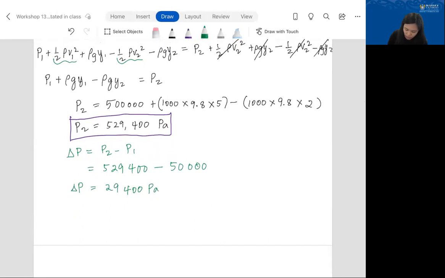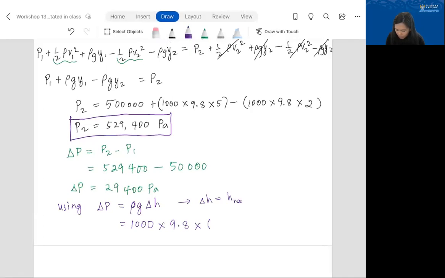Now, if you used the definition for gauge pressure, rho times G times the change in height, delta H. Okay. So the density, it's water that's flowing, 1,000 kilograms per cubic meter, times the gravitational acceleration, 9.8, times the change in height. So your change in height is equal to new height minus the original height, right?